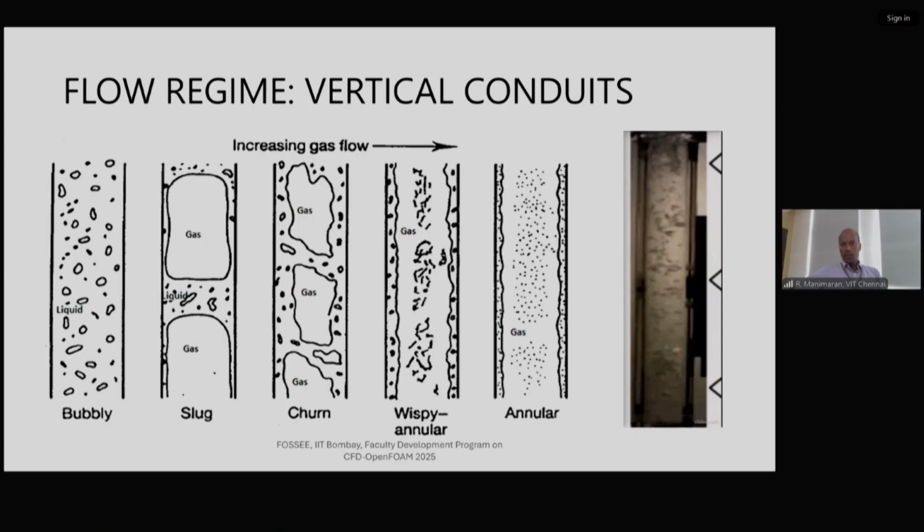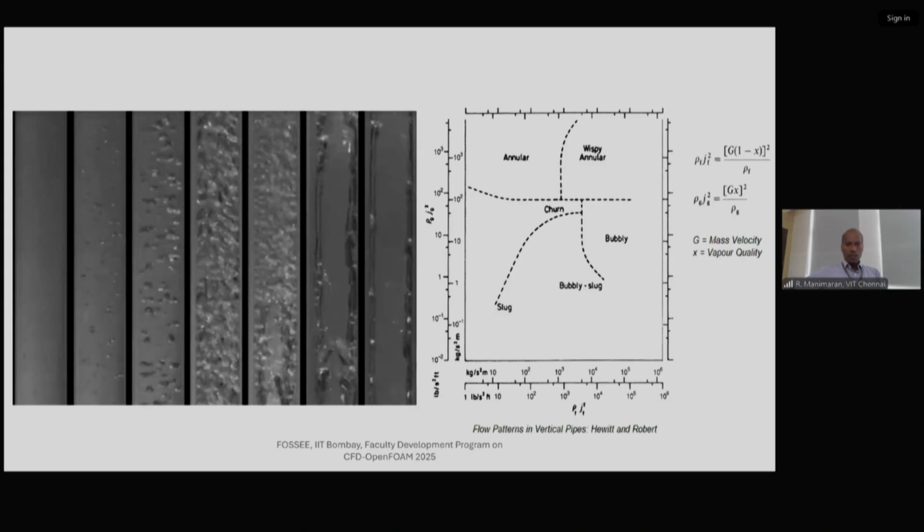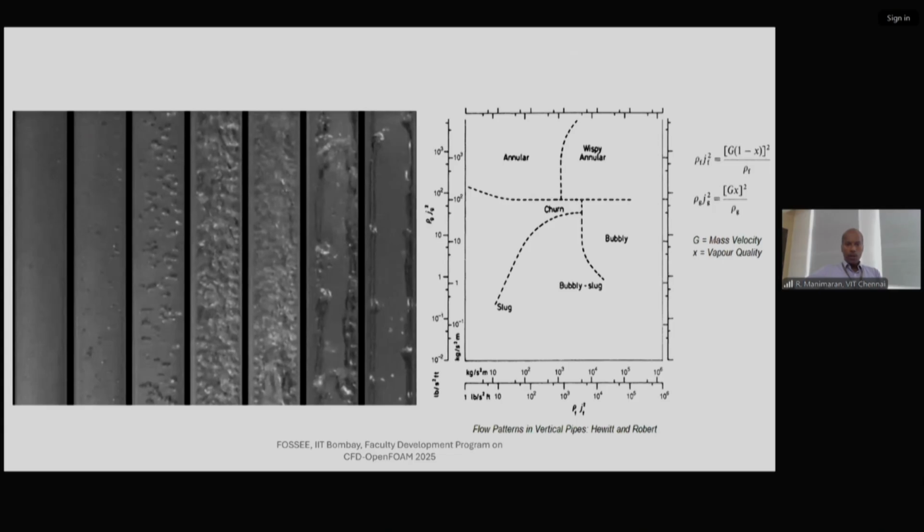We can see the slug flow here: bubbles, and then slug flow on the right side, and then further marching towards the annular. So here you can see in this slide the distinction clearly: the bubbles, then plug flow here, and then you can see the annular flow on the right side.